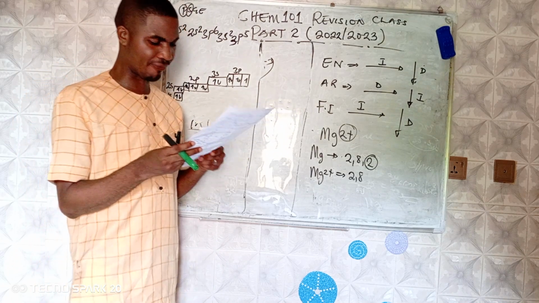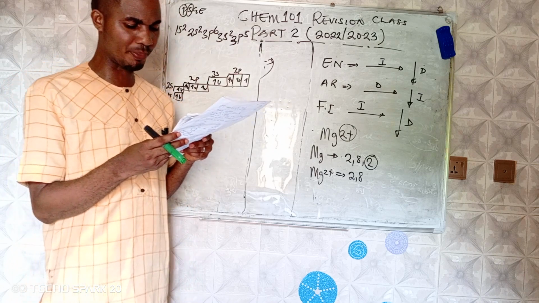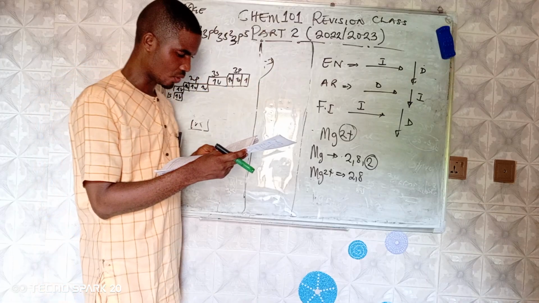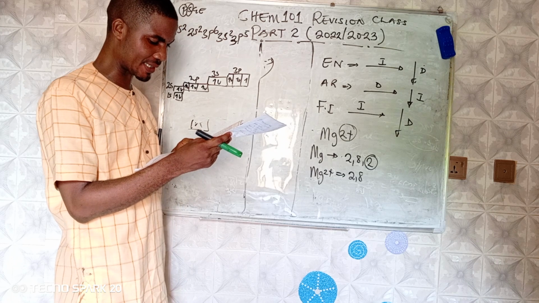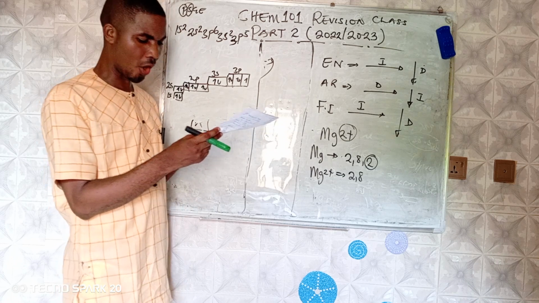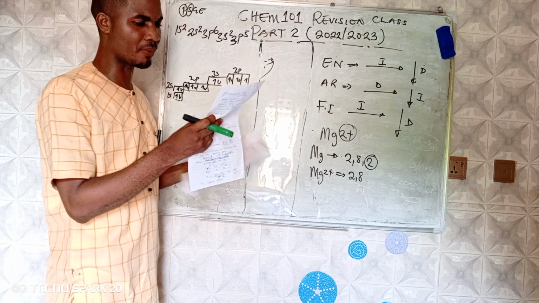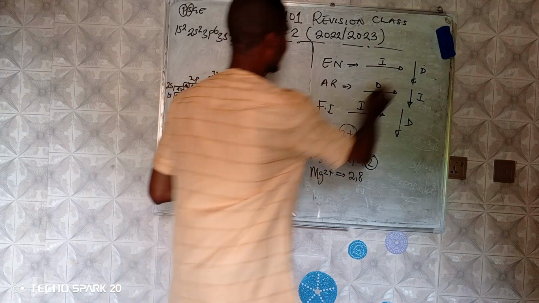Okay, we go to question number 43. How many unpaired electrons are present in the 2p orbital of a sodium atom? Sodium has an atomic number of 11.